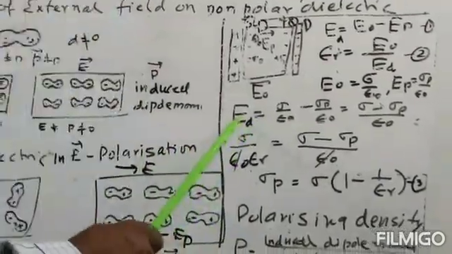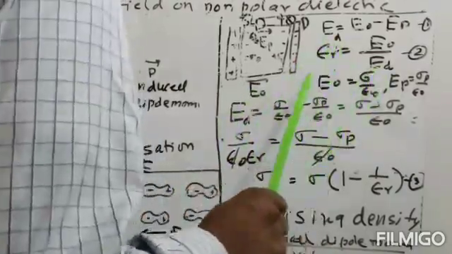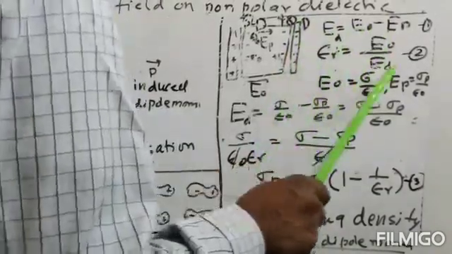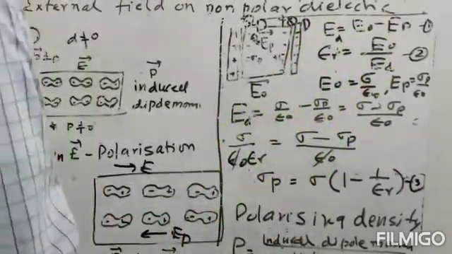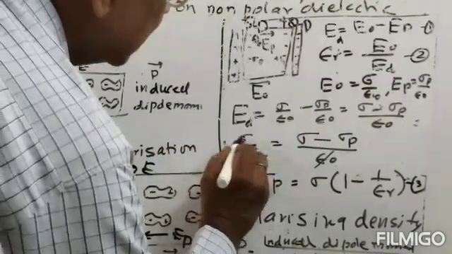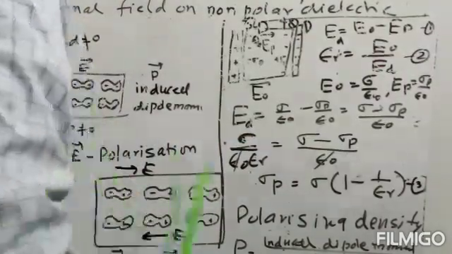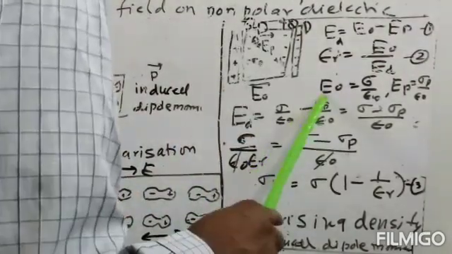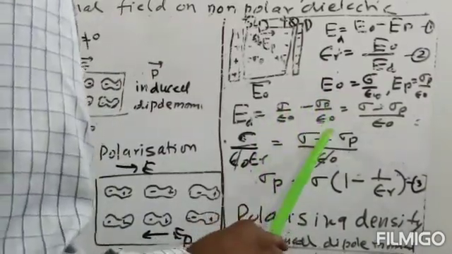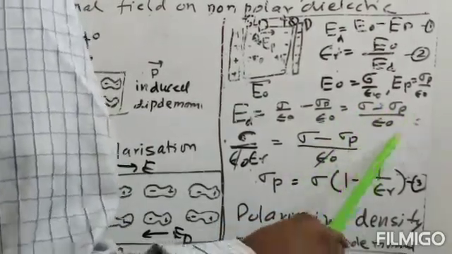So we can write ED is equal to, as we have defined it, E0 by epsilon R. E0 is sigma by epsilon 0, so this will be equal to sigma by epsilon 0 into epsilon R, and this will be equal to, if we substitute the value here, sigma minus sigma p by epsilon 0.